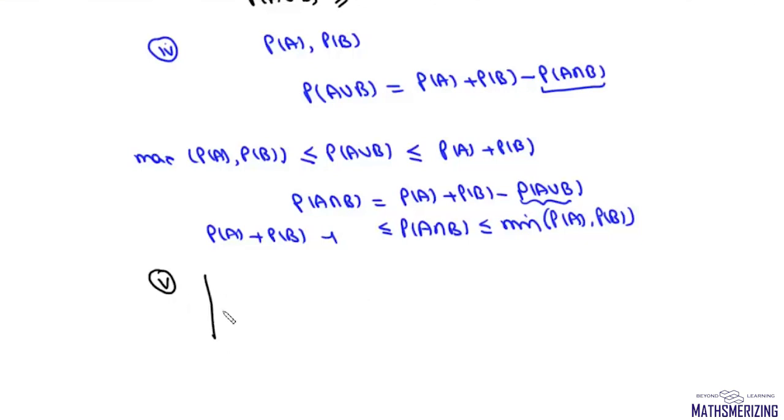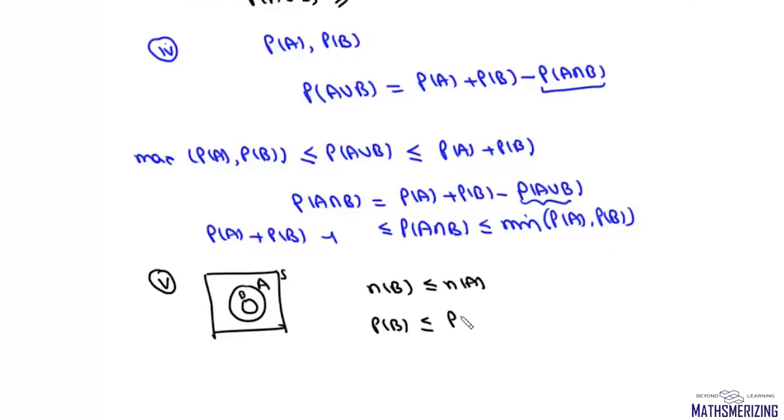Now, if one event is a subset of another, say for example, we have two events, A and B, and B is contained in A, then the number of elements in B is always less than or equal to the number of elements in A. So basically, probability of B will always be less than or equal to probability of A.